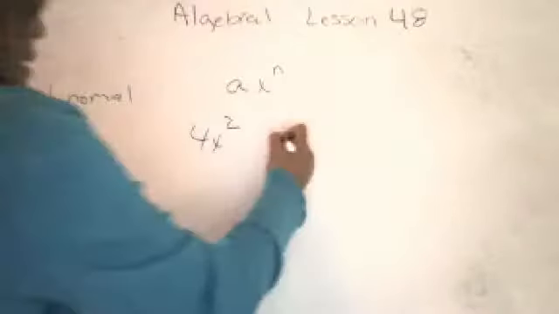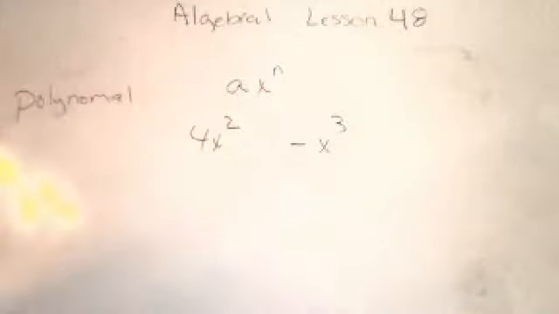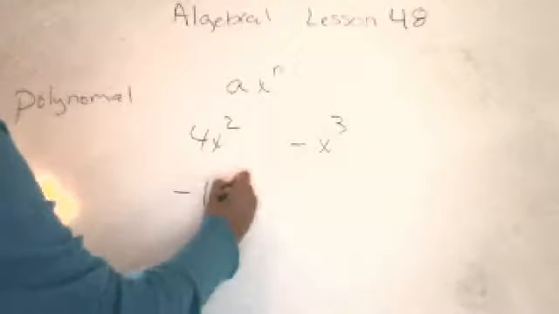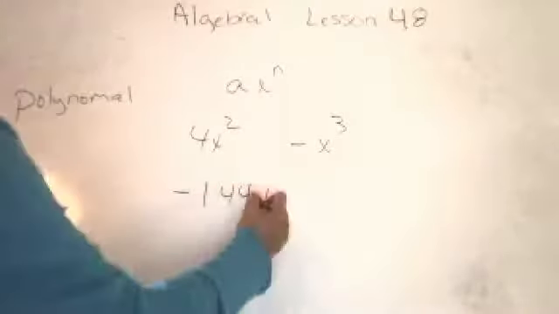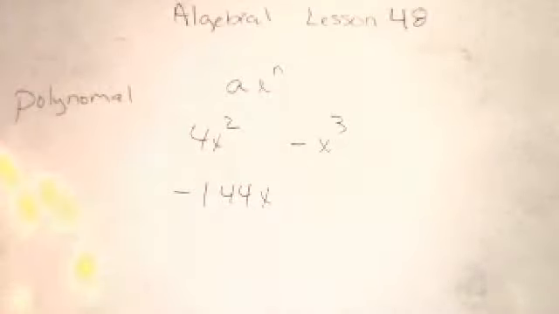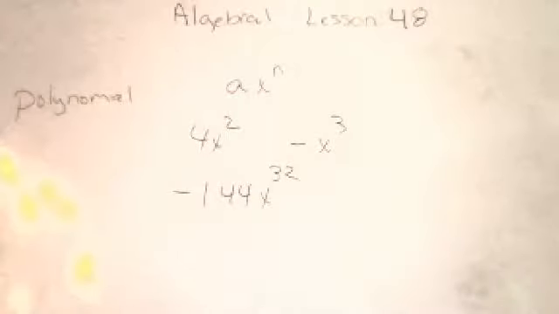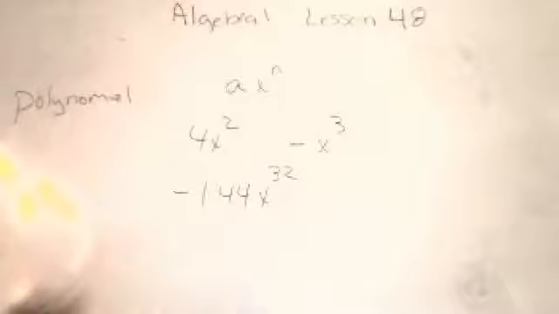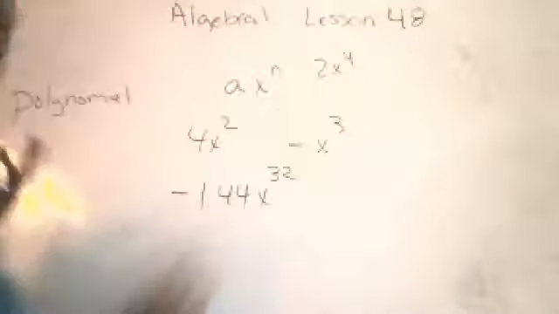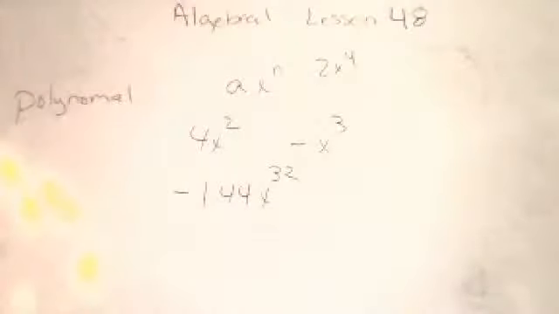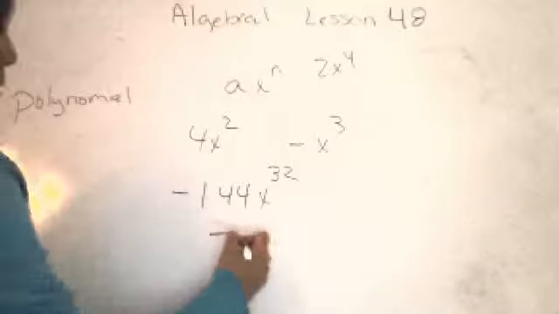So for instance, 4x squared, negative x to the cube, negative 1.44 x to the 32nd. We said n has to be a whole number, so it couldn't be to the negative power. 2x to the fourth, negative 7x, and simply negative 7.